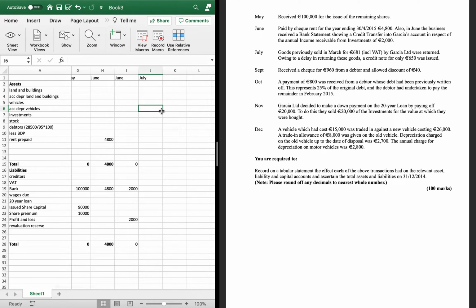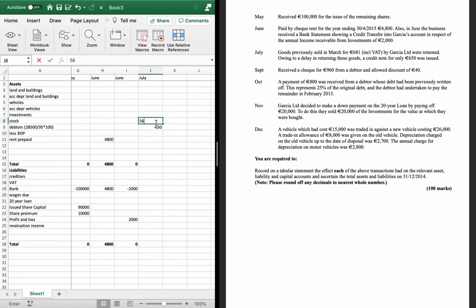So first and foremost, owing to a delay in returning the goods, a credit note of 650 was issued. So he only owes us 650 less. So debtors goes down by 650. Right, what happens to stock?